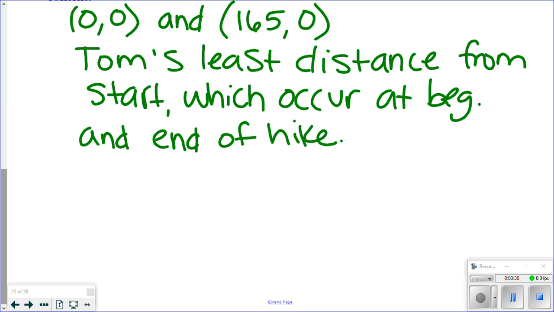And it makes sense that we have 2 absolute minimums, because if you're parking your car and hiking in a circle, you're going to end up back where you started. So it's the beginning and the end of the hike.